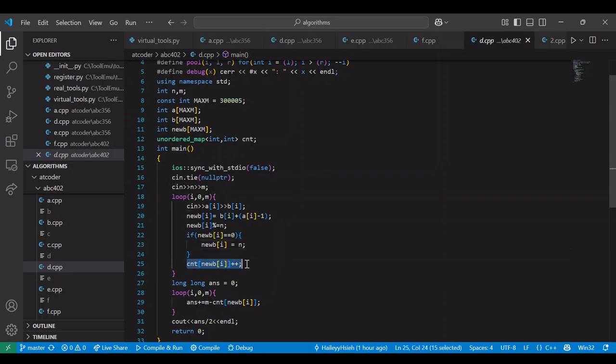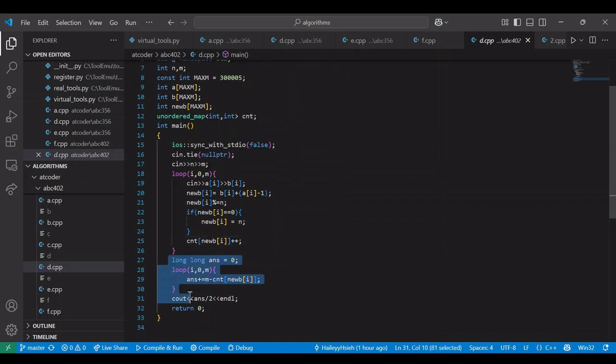And so the count I mentioned is the number of lines that are parallel to line 1-k. After we transform each line, we can add 1 to count new b, because this means that there's one more line that is parallel to line 1-k.